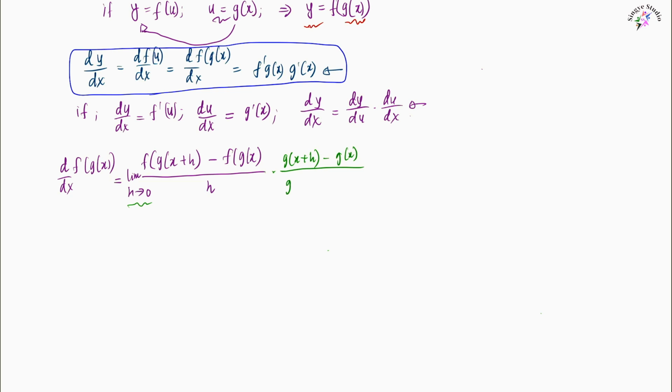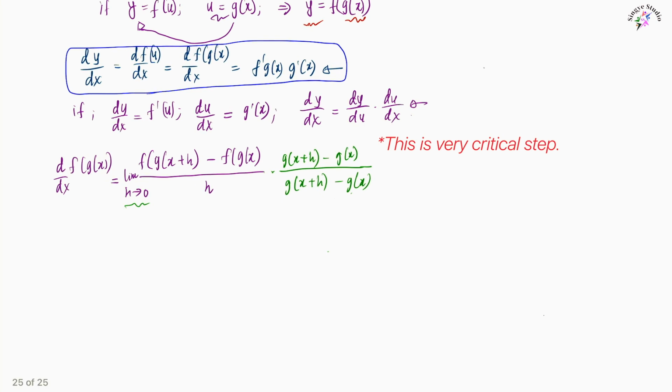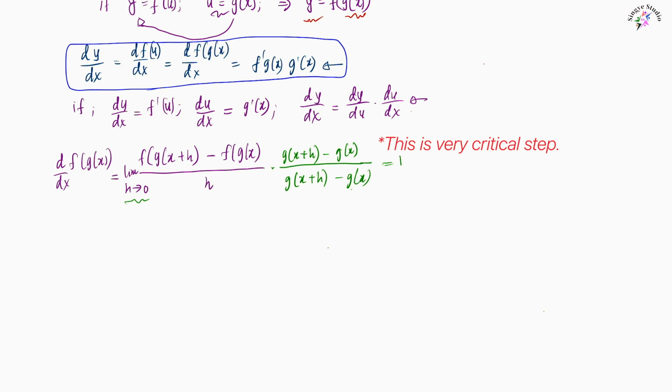These are exactly equal, so they cancel to 1 and the meaning of the equation doesn't change, but we include this to get a form where we can easily apply the limit.